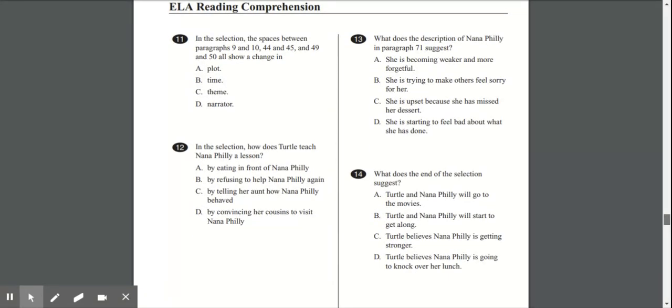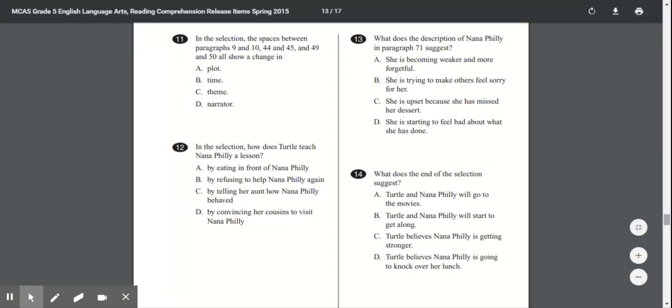We don't know what's going on in between those two blocks, but it's allowing us to see from that space that it is a change in the time frame. It's not going to be the same time zone. She was at Minnie's house and then she was at Nana Philly's house from paragraphs 9 and 10. She was watching Nana Philly look hungry, and then Miss B returns. So this is definitely showing a change in time. So this is answer choice B.